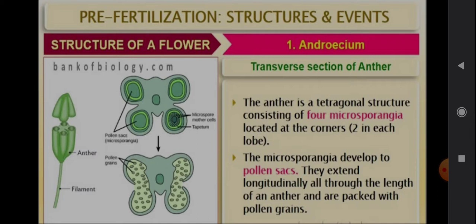They extend longitudinally all through the length of the anther and are packed with pollen grains. There will be four microsporangia. The top one and the bottom one join together, so they extend longitudinally through their length, and the pollen grains will be packed in the pollen sacs.